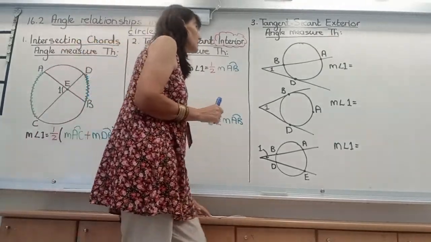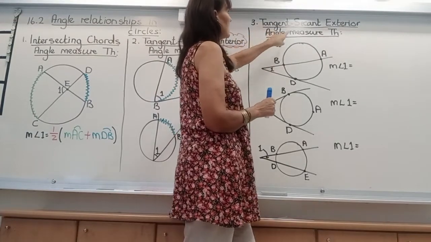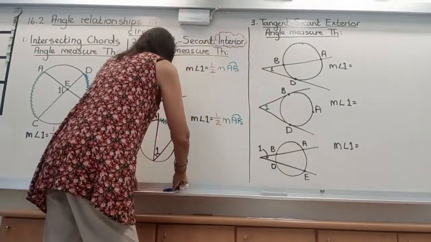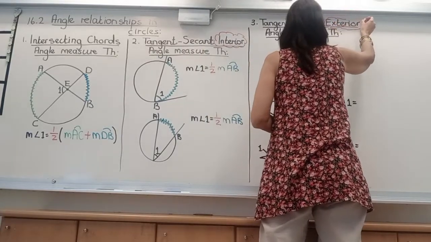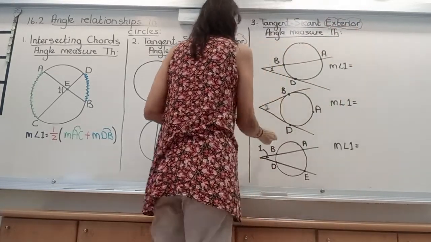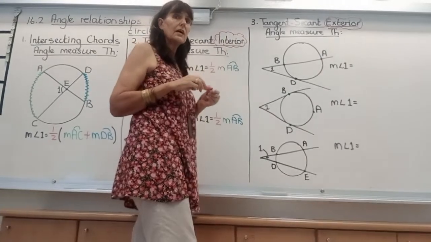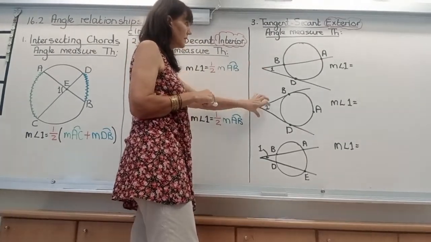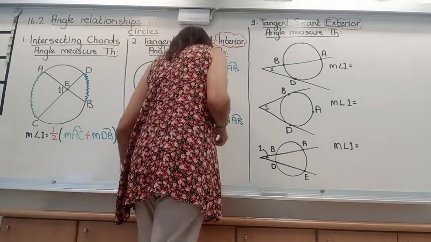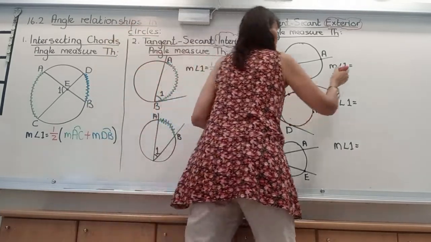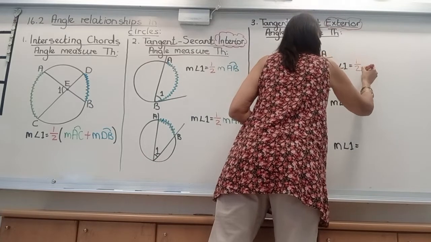The last one we're going to look at is the tangent secant exterior angle theorem. So in this case, exterior, and you see my angle is outside, on the outside of the circle. Right, in this case, I was just checking that I have it correct there, I'm going to write in my half already.